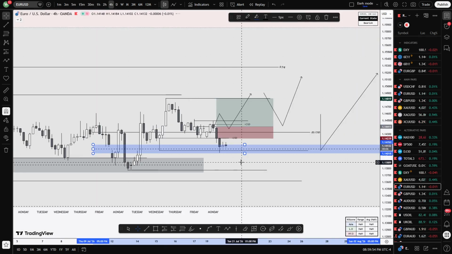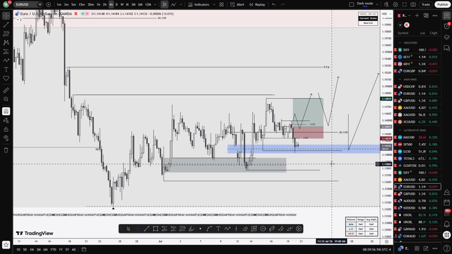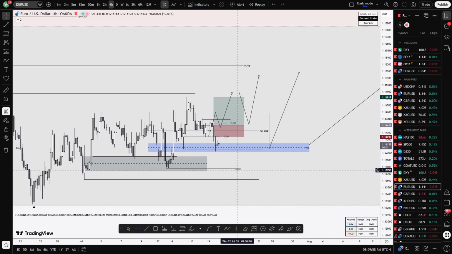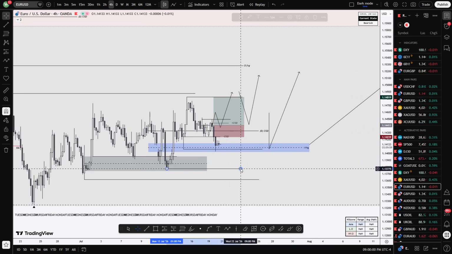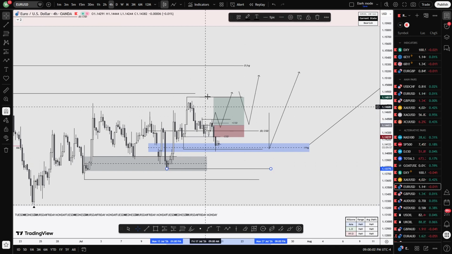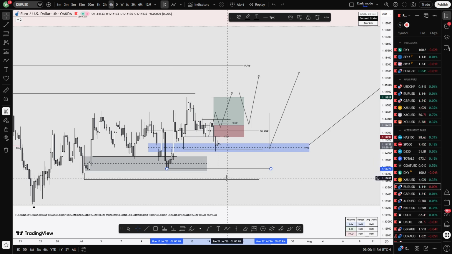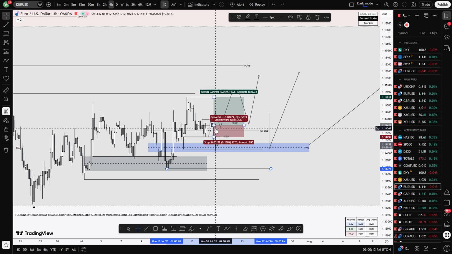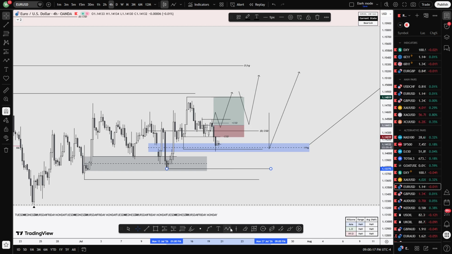Another thing you need to understand is that I said the invalidation point for this overall zone is this low. If price trades below this low, the longs are invalidated, and we just have to wait for price to give us some sort of retracement back into the zone.